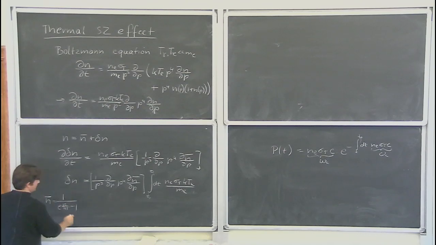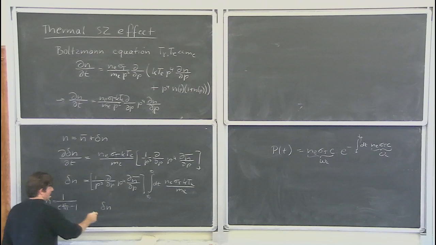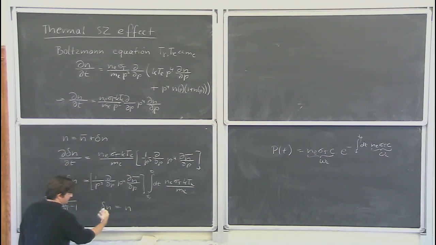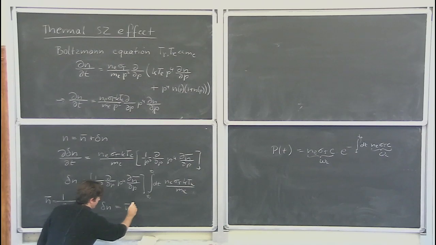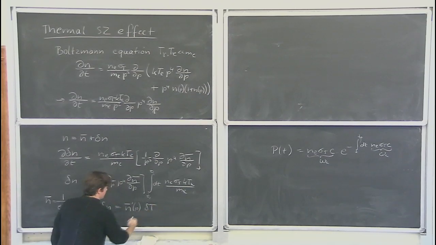The one thing to remember is that you can write it as a temperature perturbation, so we can write delta n just as a Taylor series expansion as n bar prime of p times dN by dt delta t.